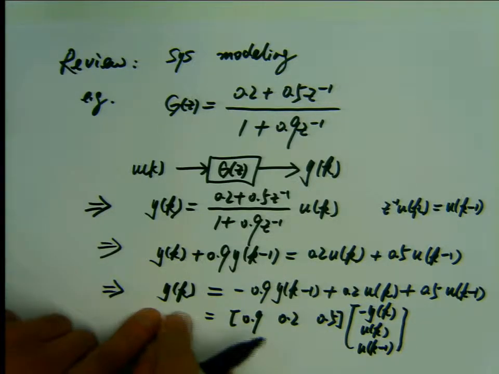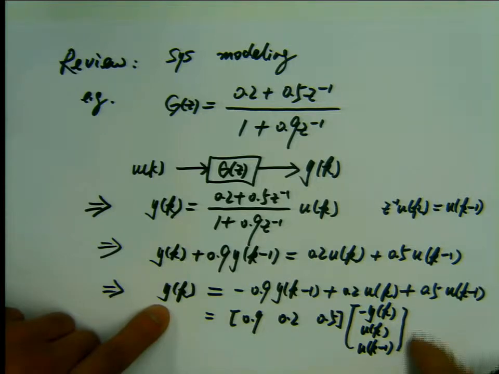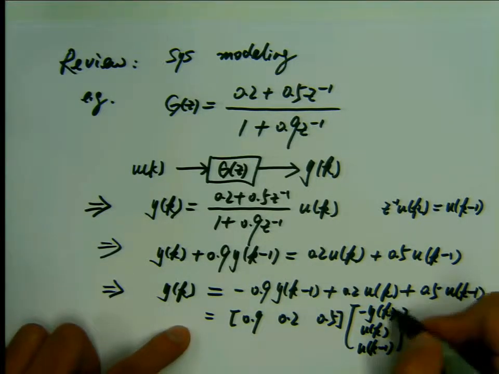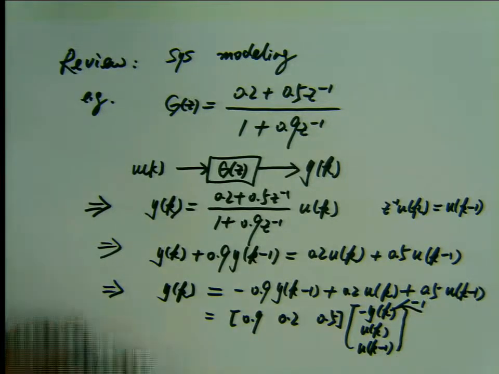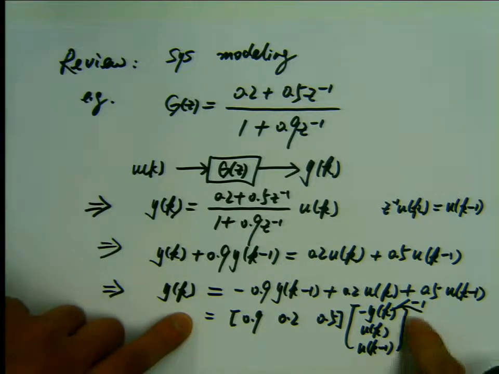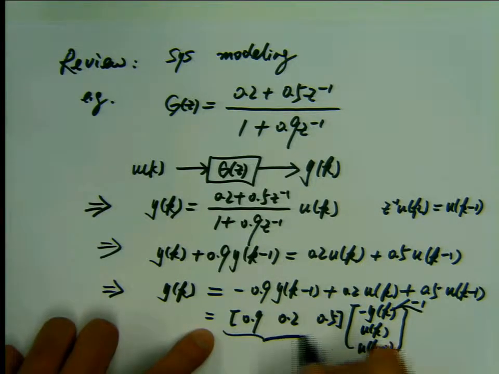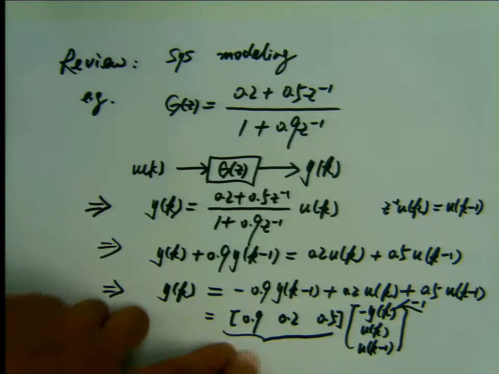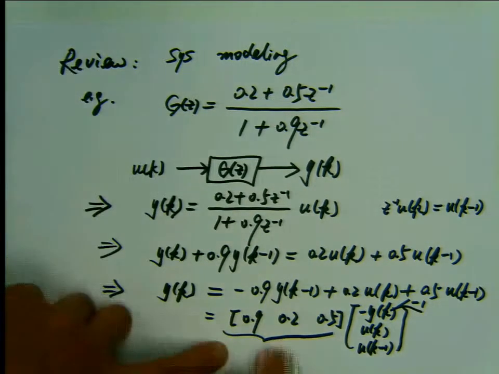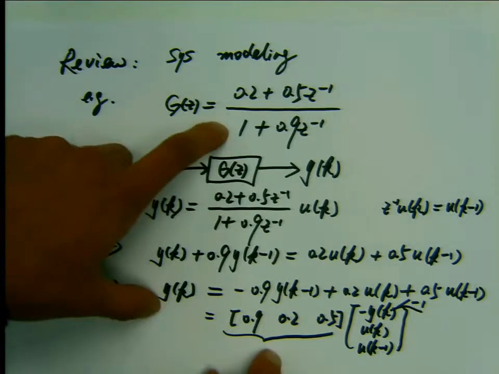The output at time k is going to be a linear combination of the previous output yk-1, and the input information. And these are linear combinations. These coefficients here, 0.9, 0.2, 0.5, are the parameters of the plant model.